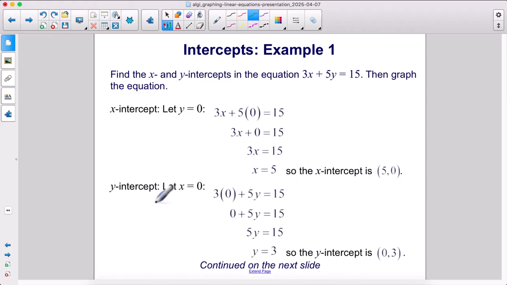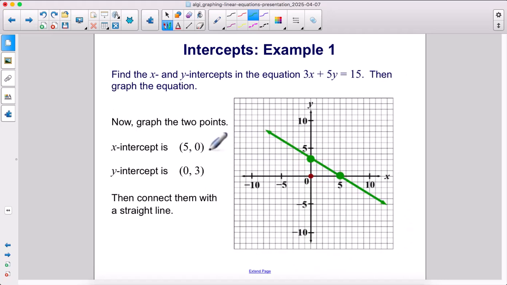To find the y-intercept, we let x equal 0. Therefore this term goes away, leaving us 5y equals 15, divide both sides by 5, and we get y equals 3. Therefore, the y-intercept is 0, 3. Finally, we graph those 2 points, the y-intercept and the x-intercept, and we connect them with a straight line.